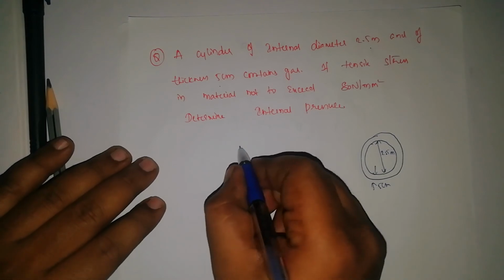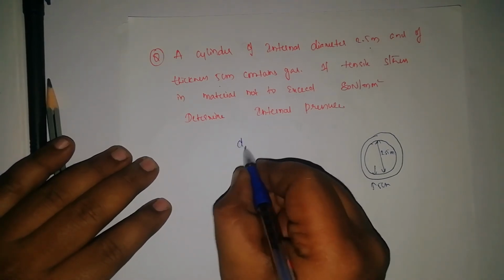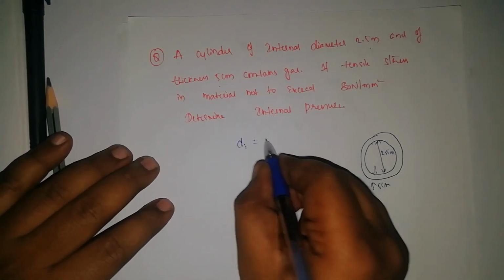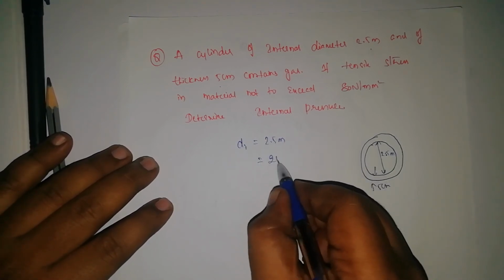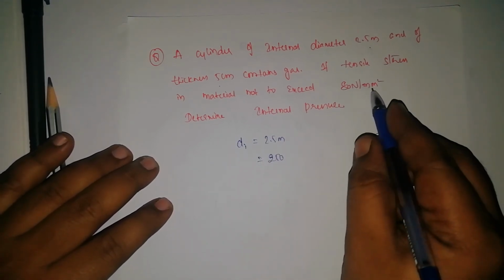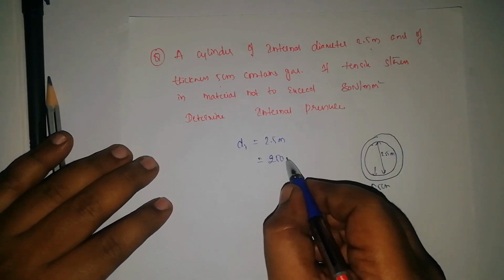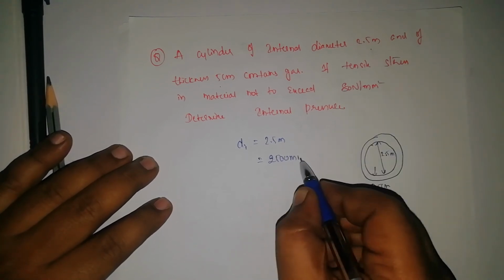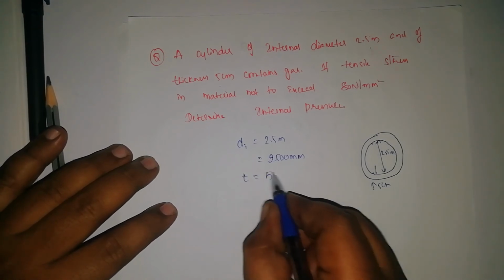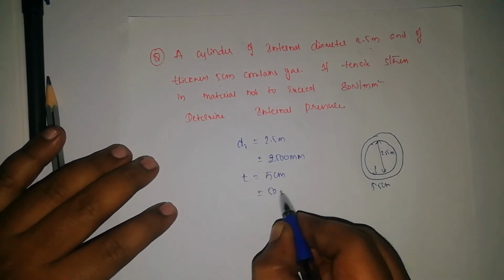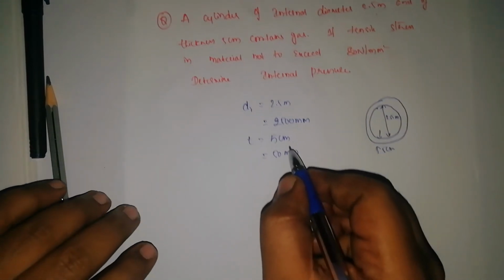So, let us write the data. Di internal is equal to 2.5 meter. This should be converted into mm, because your stresses will be in mm. So, 2500 mm. Next, your thickness T is equal to 5 centimeter, 50 mm, correct.